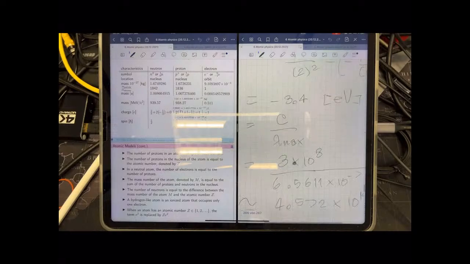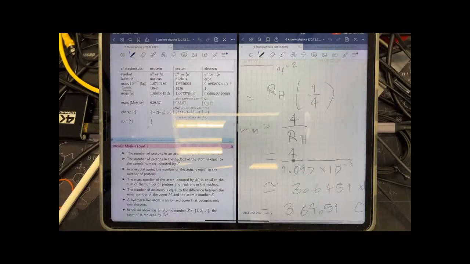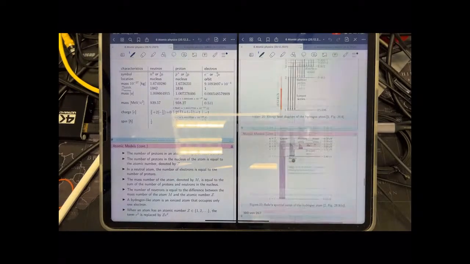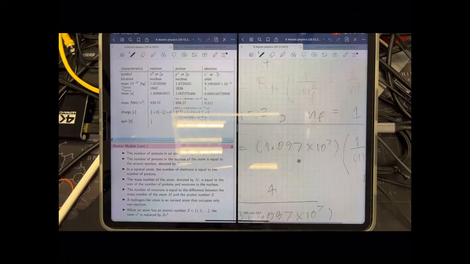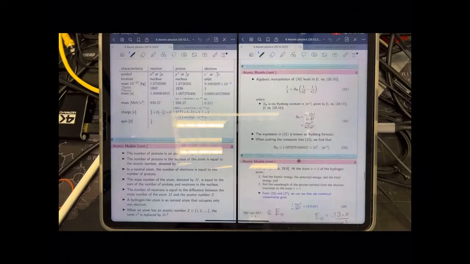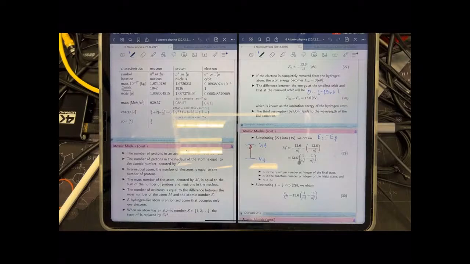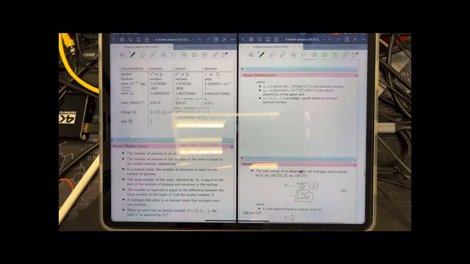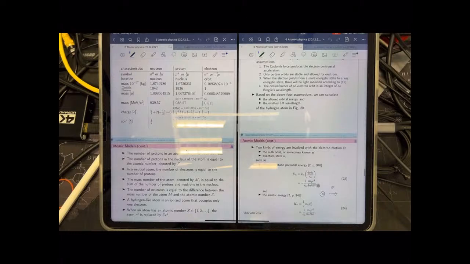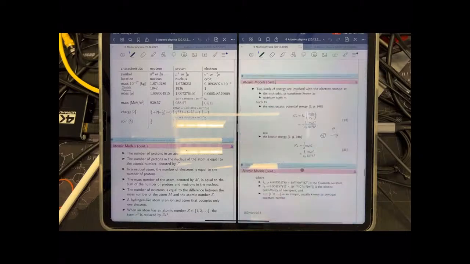Whether the radius or the energy, the three energies, with the potential energy... Here, the potential energy, if you have e square, you just replace it by Ze square.